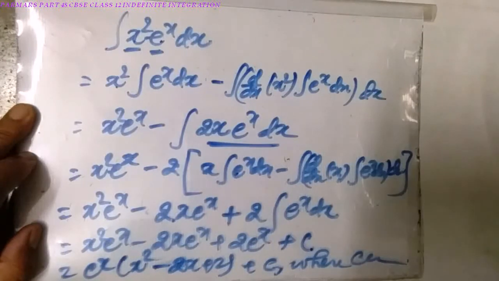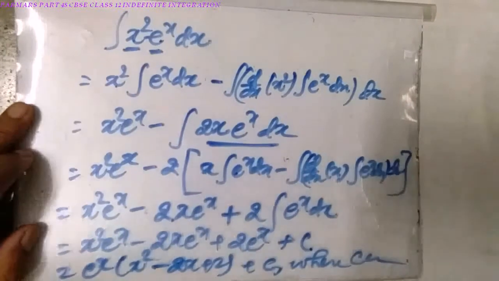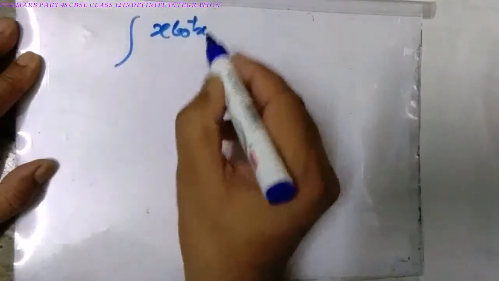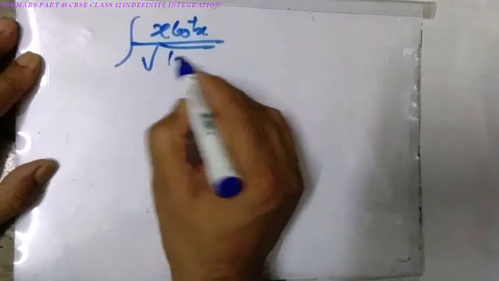Moving towards the next question, I am going to take, I think, question number 11, which is integration over x cos inverse x by root under 1 minus x square.